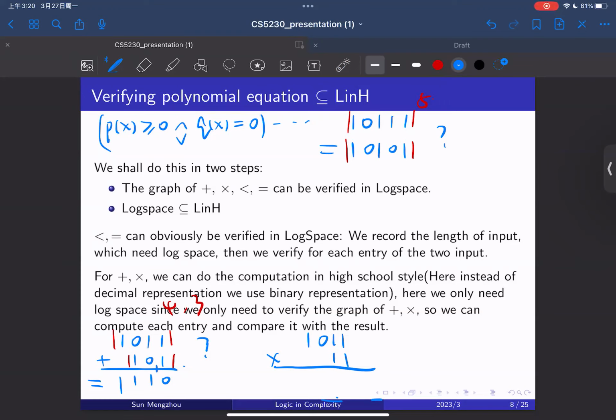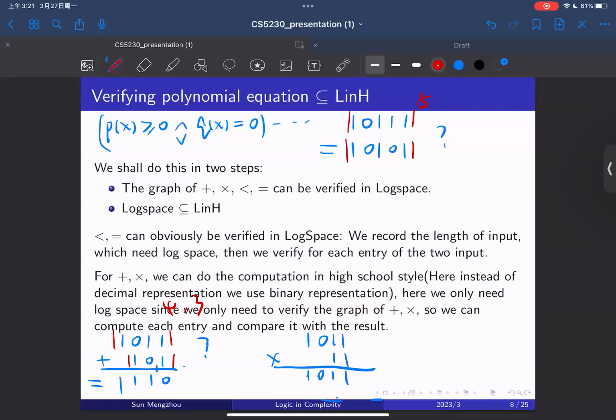So we first want to compute this entry. So here the first thing would be this part, right? It will be 1011. But instead of computing the global results, this will need a linear space, but we do not have linear space. We only have log space, so we cannot do this.